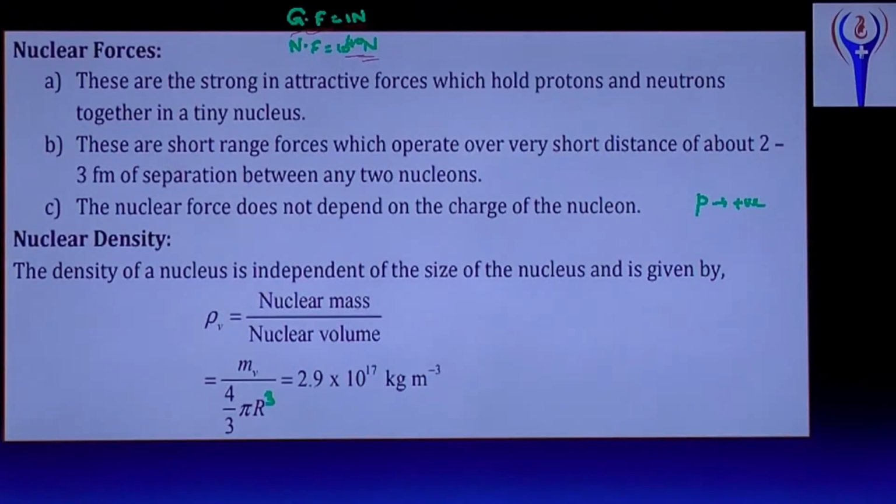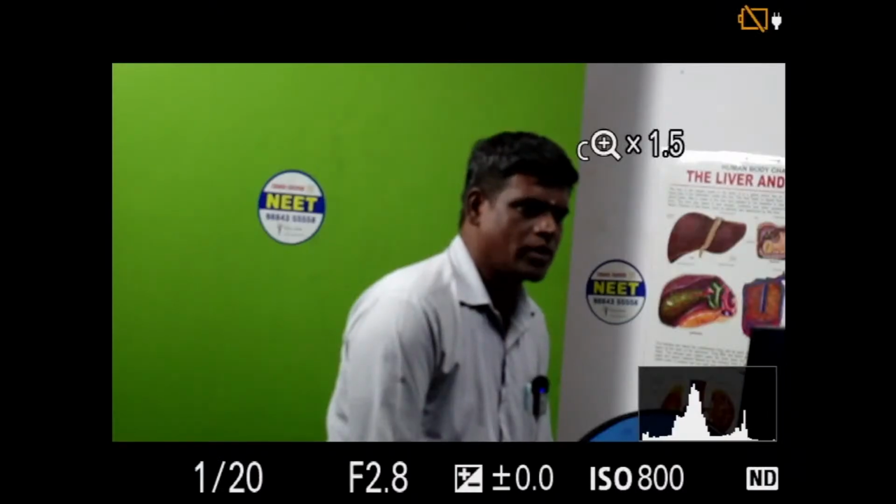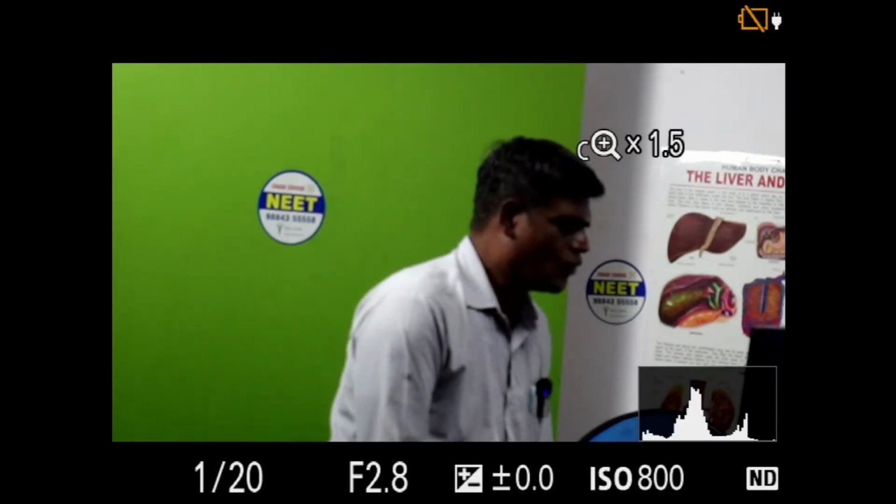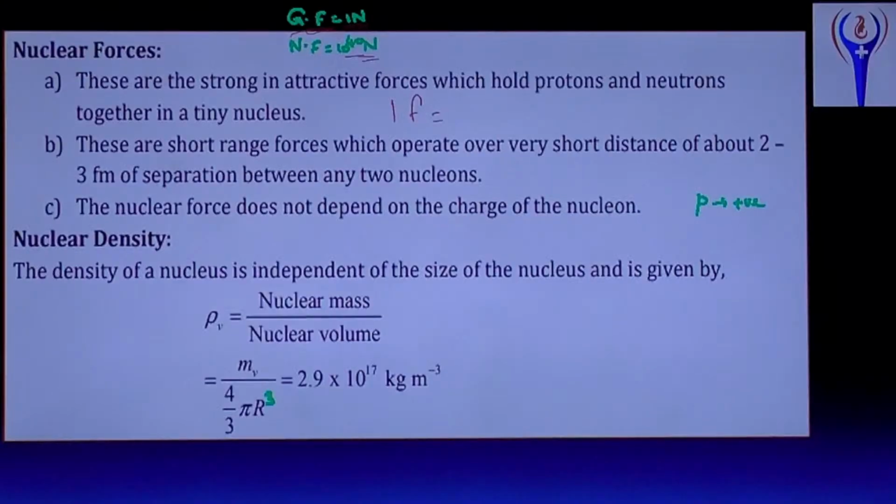And these are short range forces which operate over a very short distance of about 2 to 3 FM. What is FM? Fermi. 1 Fermi equals how much? 10 power minus 15 meter.